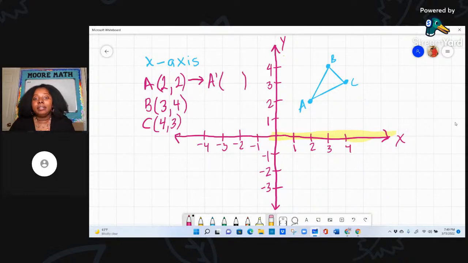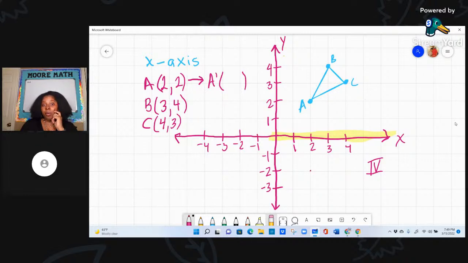Okay. So now, when I reflect it over the x-axis, what changes? So A, you said it's over here, right? In quadrant 4. Okay. So what's going to happen with A? It's going to become negative. Negative what? 2. Okay, what's negative 2, X or Y?